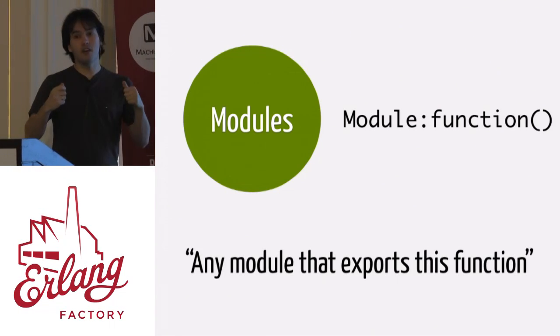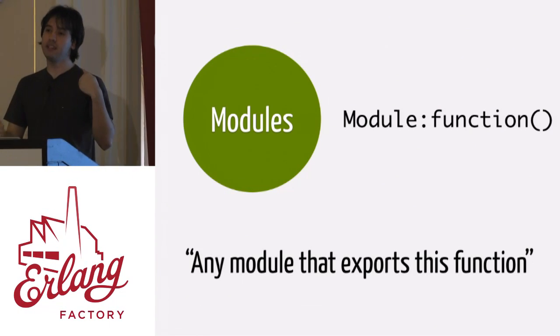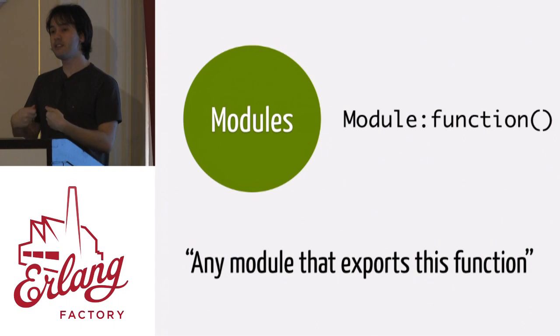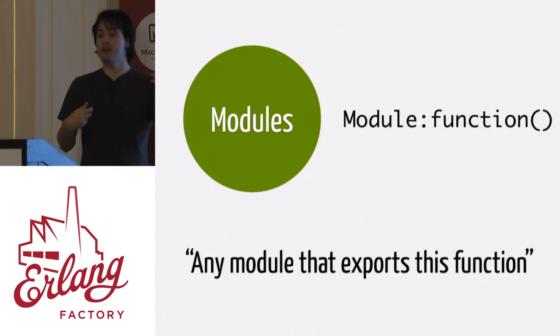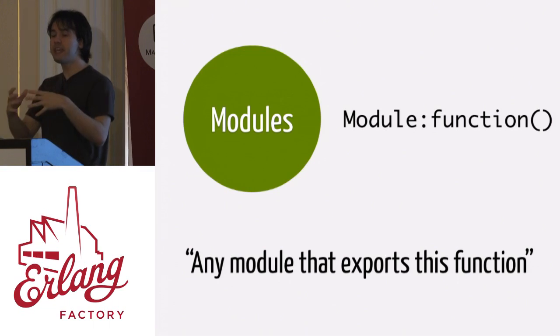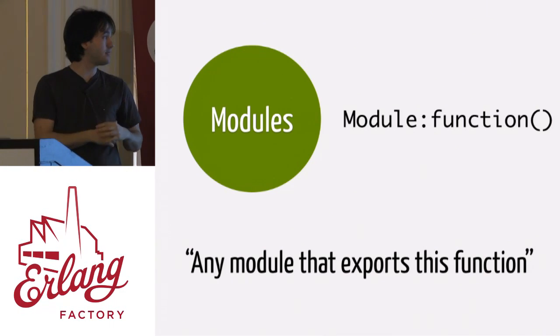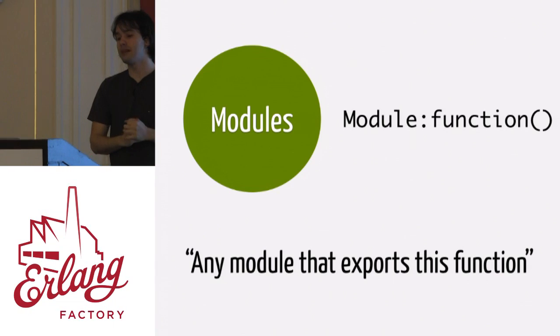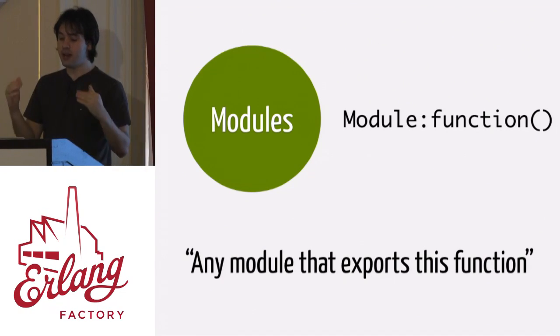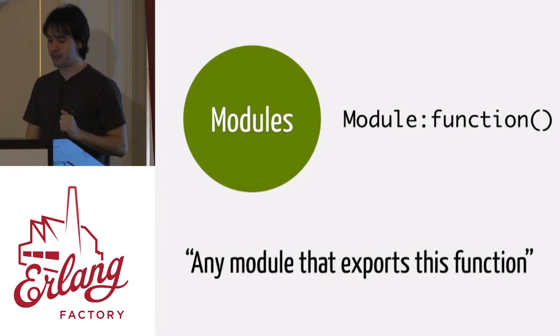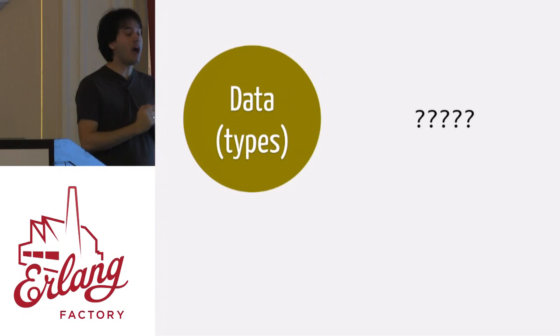So again, it's the same idea of polymorphism. And we rely heavily on that. Every time we use a gen server, every time we use a gen event, it's exactly this. The gen server module doesn't care about the name of the module you are passing as argument with the callbacks, as long as you implement all the callbacks. So, we don't care as long as you obey this contract. And when it comes to data types, we don't have that.